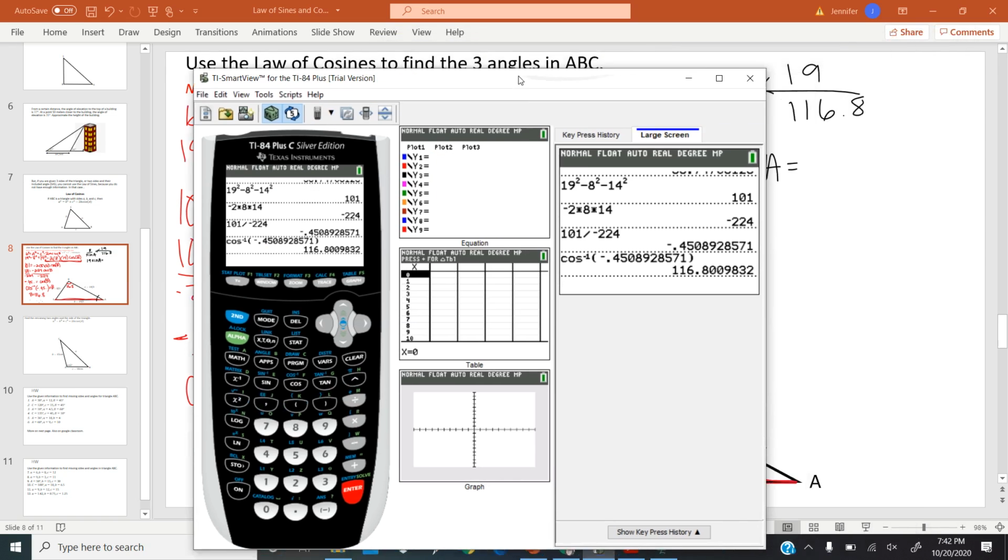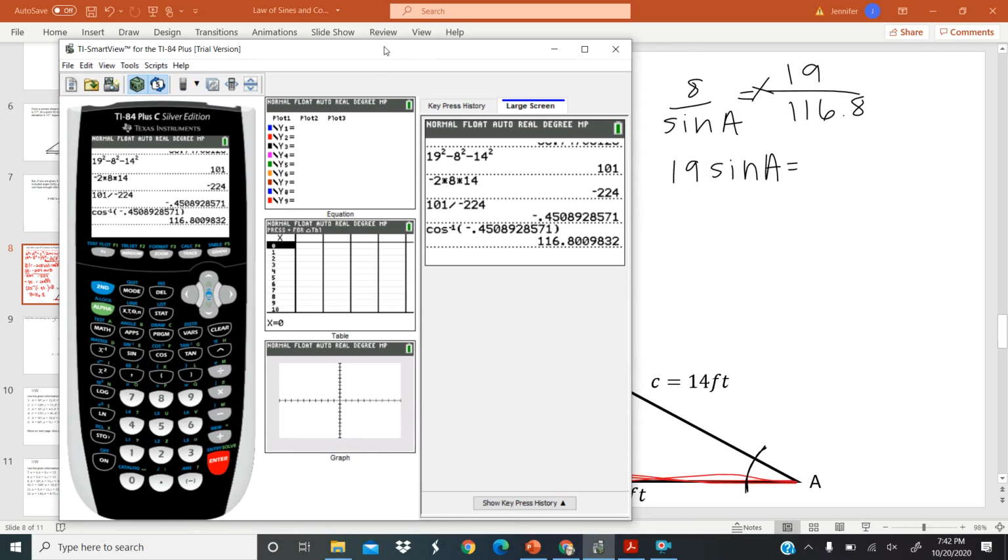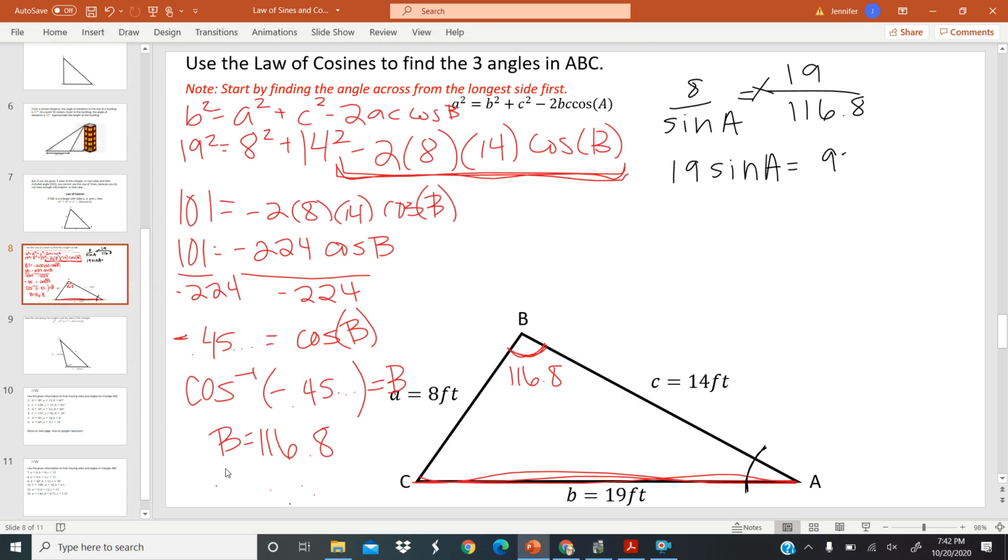So I'm going to pull my calculator back up. Since I still have it in here, I'm just going to scroll up and use that whole number. So 116.8009. And then I just want to multiply that by 8. And I get 934.407... and I'm still going to go back up and use the whole number.